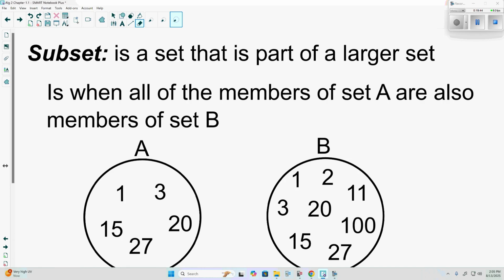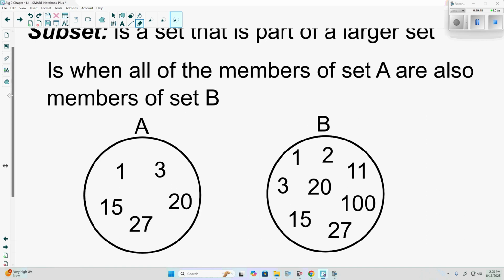Okay. Now looking at these two sets, can we say that set A is a subset of set B? Yes. So there's two ways we can do this. One is we can write out set A is a subset of set B. Mathematically, a mathematician would not write that.